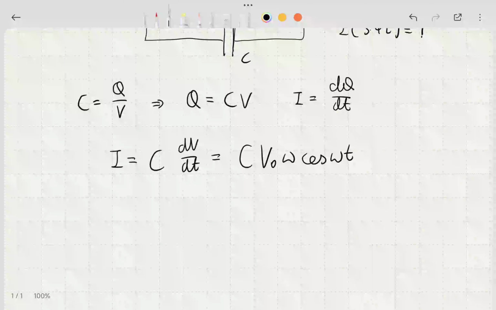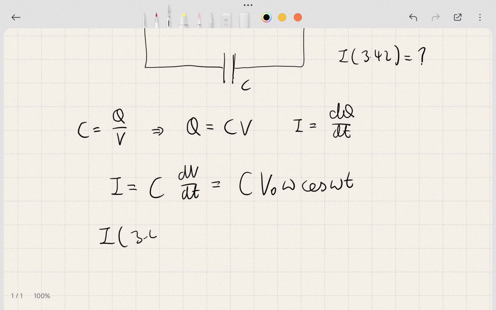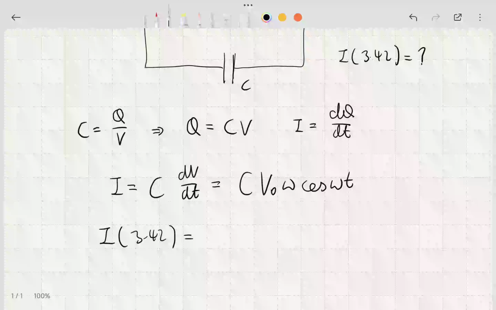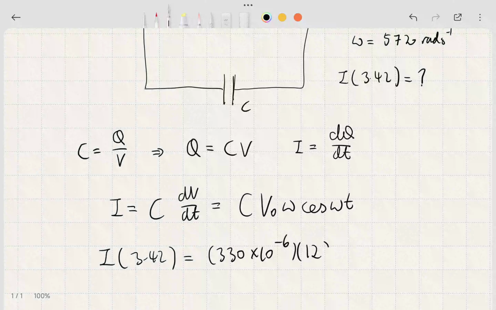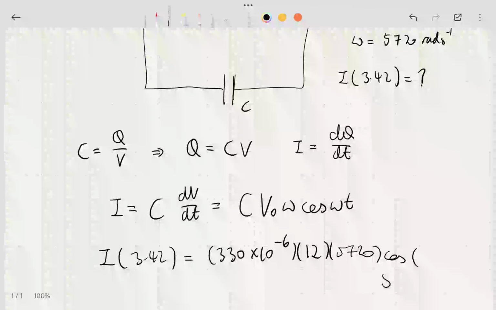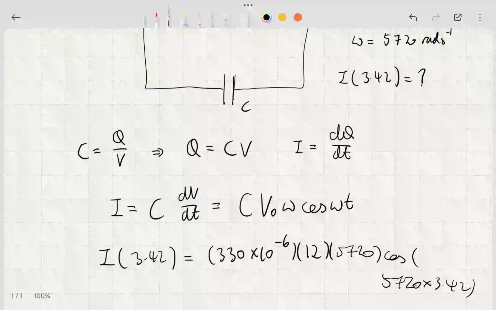So therefore, the current at 3.42 seconds is going to be the capacitance, which is 330 times 10 to the power of minus 6, times 12, times 5,720, times cosine of 5,720 times 3.42.